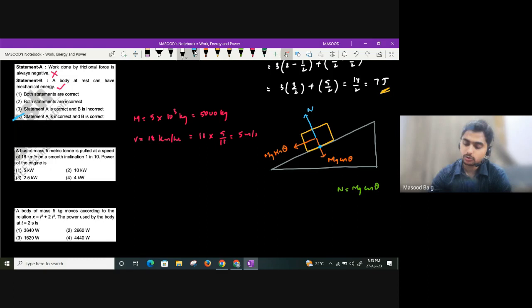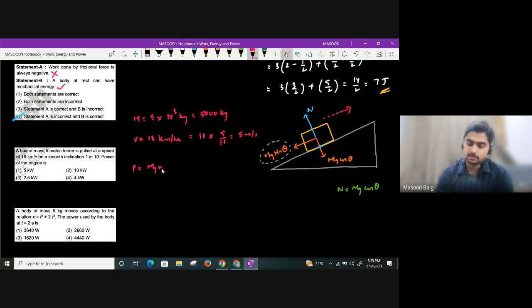So in order to pull this particular bus upwards, guys, I want to pull this bus upward. Do I need to counter mg sin theta force or not? Yes. So what is the power here involved? Right? I need to counter which force?